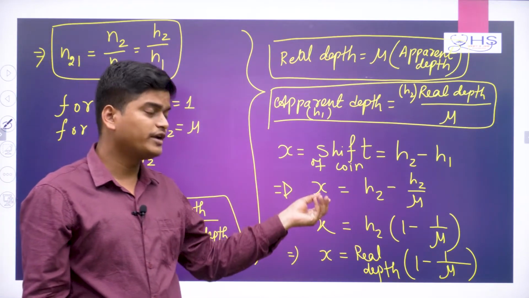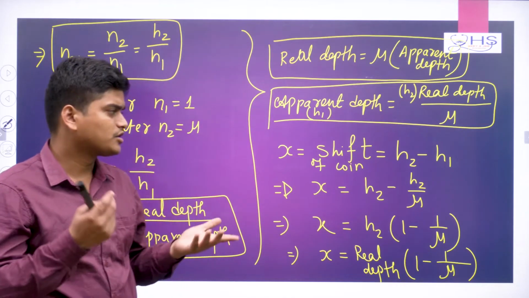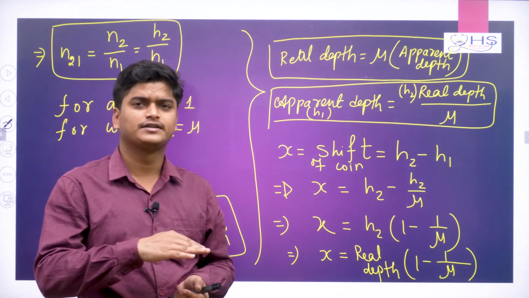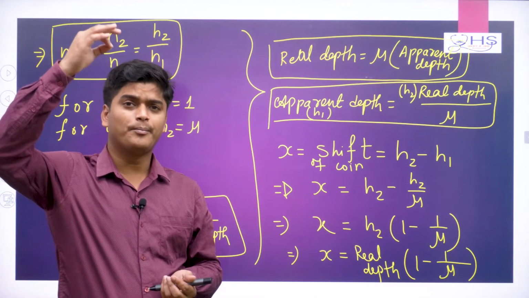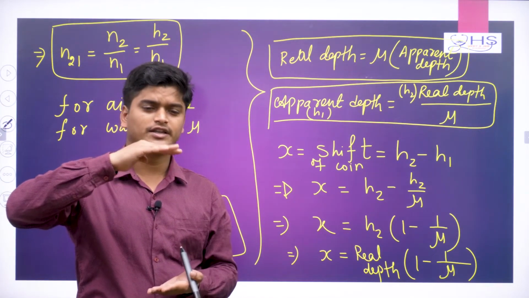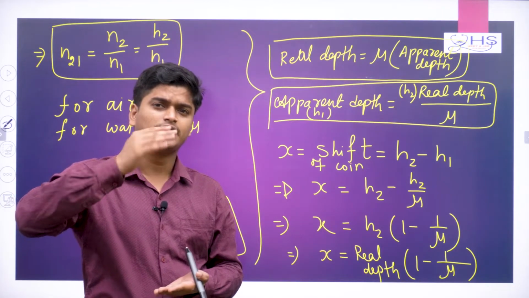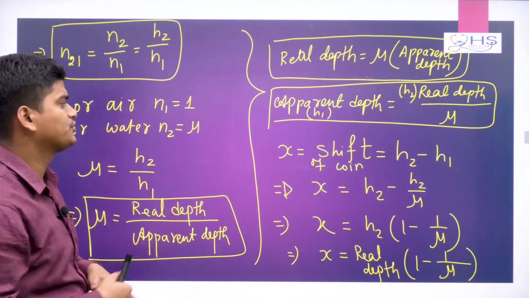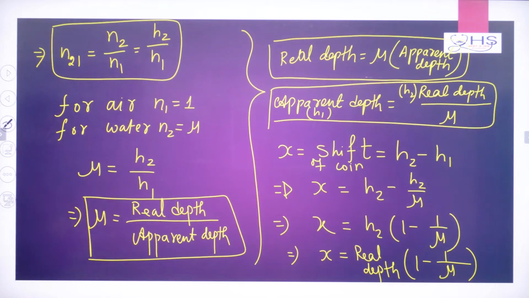Not only a coin, it can be anything. Suppose some water animal is inside. If you are watching from above, the water animal will look like it is at a different height. Actually that position is not the exact position, that is a virtual or apparent position. Like this you are calculating.